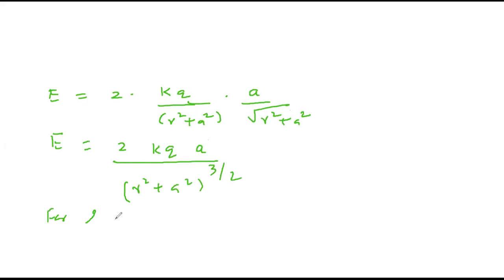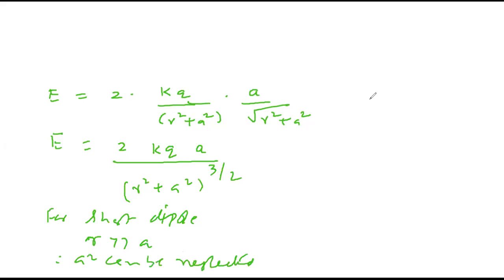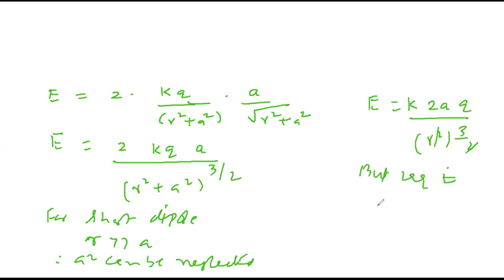For a short dipole, r is very large compared to a, therefore a square can be neglected. So E equals k into 2a into q upon r square raised to 3 by 2. But 2aq equals p. So E equals kp upon r cube.